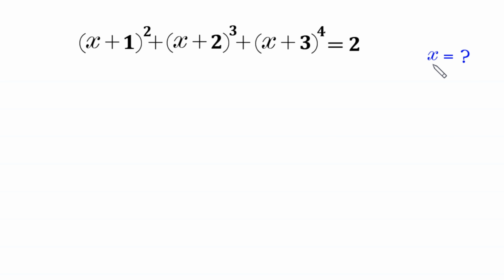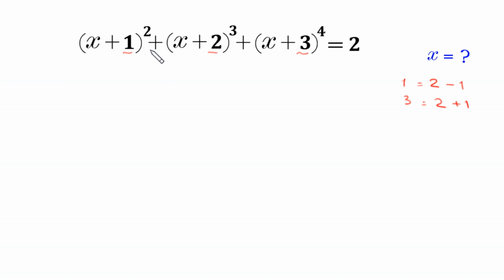So let's start. We notice that in the middle term we have 2. And this one can be written as 2 minus 1, and this 3 can be written as 2 plus 1.